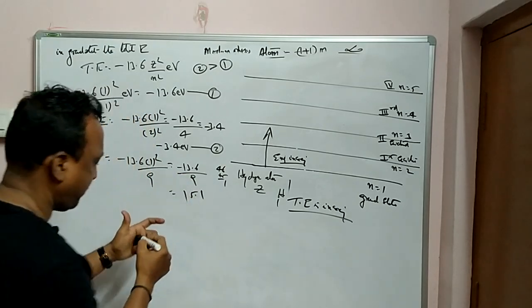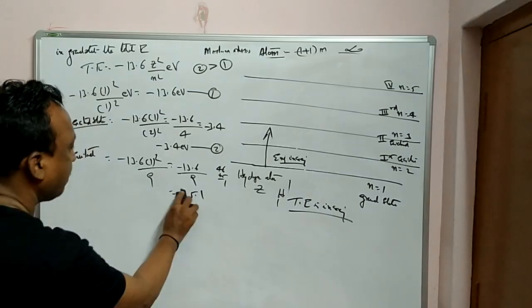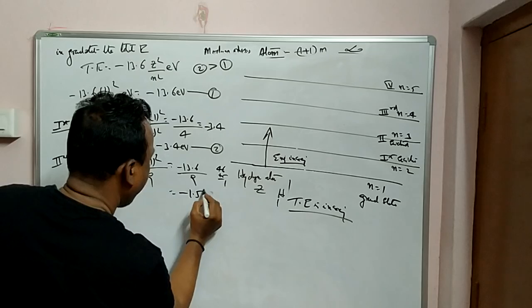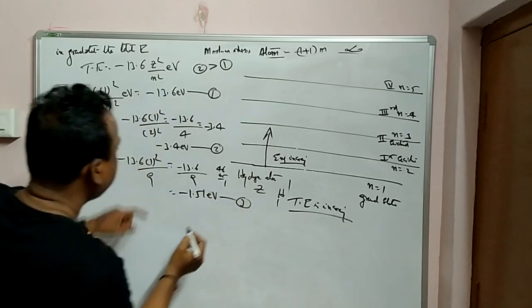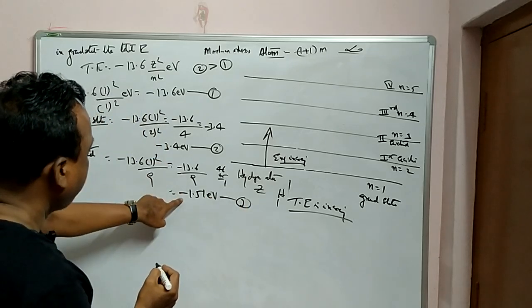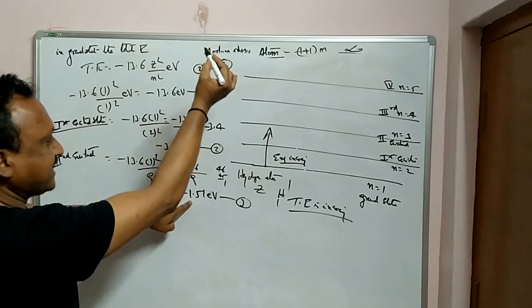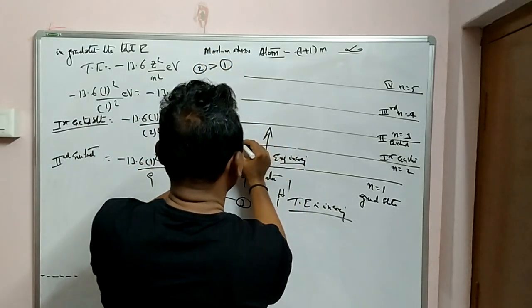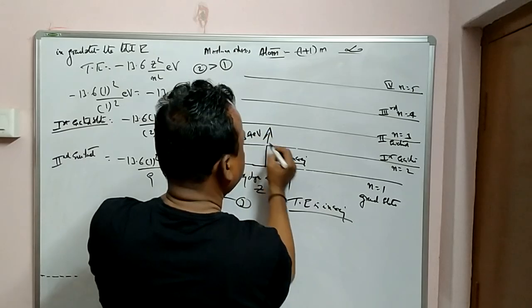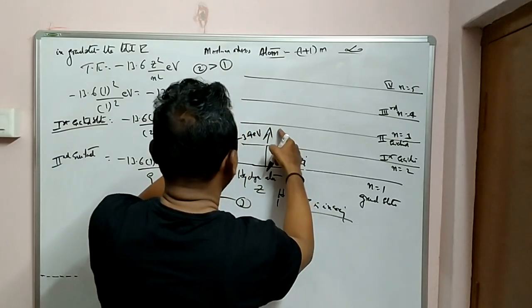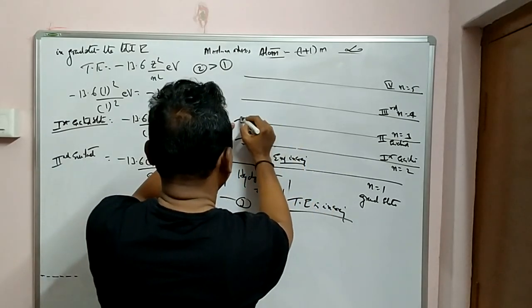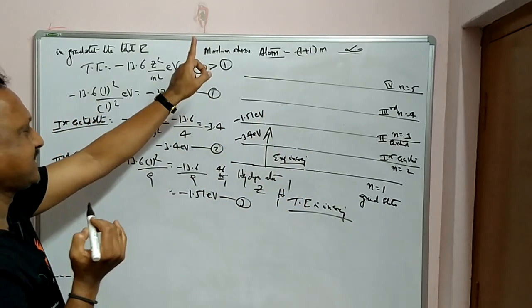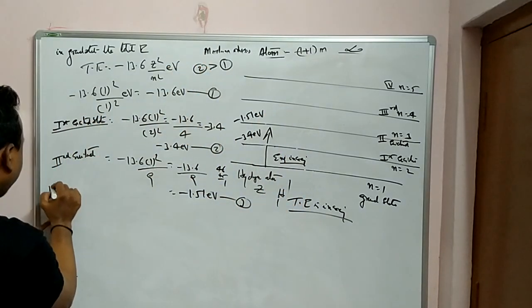So the point shifts, 1.51. So minus 1.51 eV. See, minus 3.4, minus 1.51, so it is an increasing state. So here the energy is minus 3.4 in the first excited state. In the second excited state, the energy is minus 1.51 electron volts. So as you go up, the energy is increasing. Let us find the third one also.